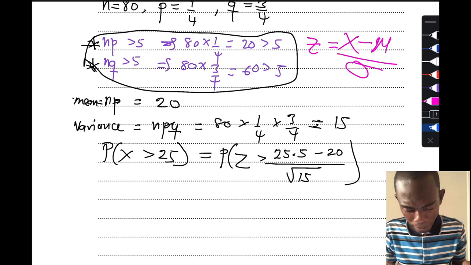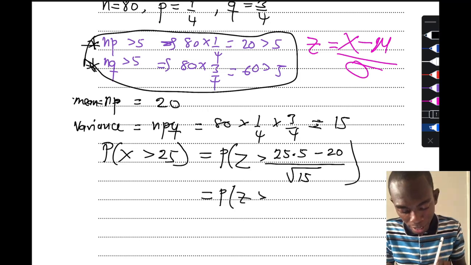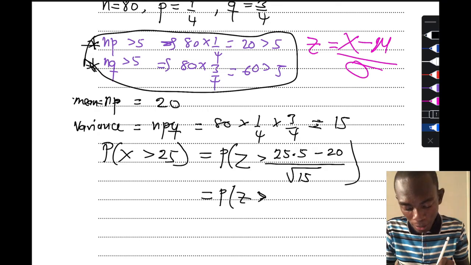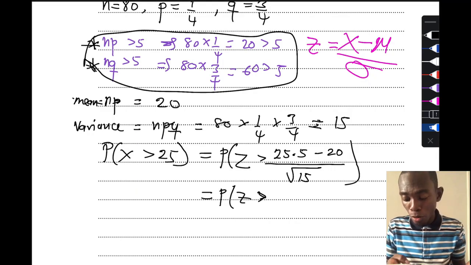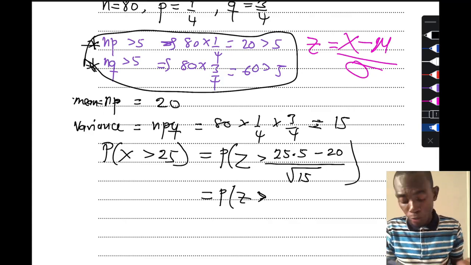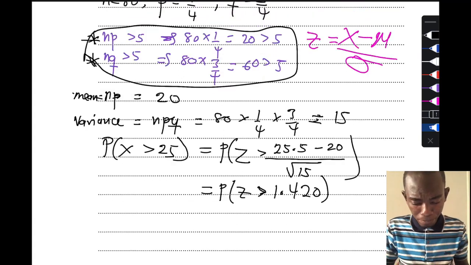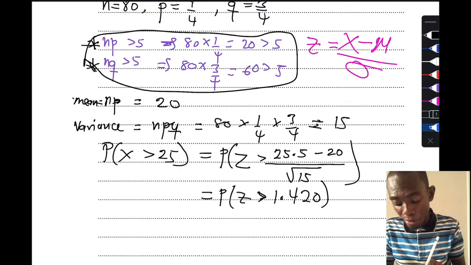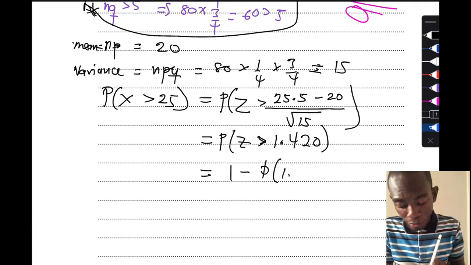Great. Let's continue. So that means Z is greater than what? Grab your calculator: 25.5 less 20 divided by root 15, and that gives 1.420, something like that. Now for Z greater than such a value, you just do 1 minus phi of the value.